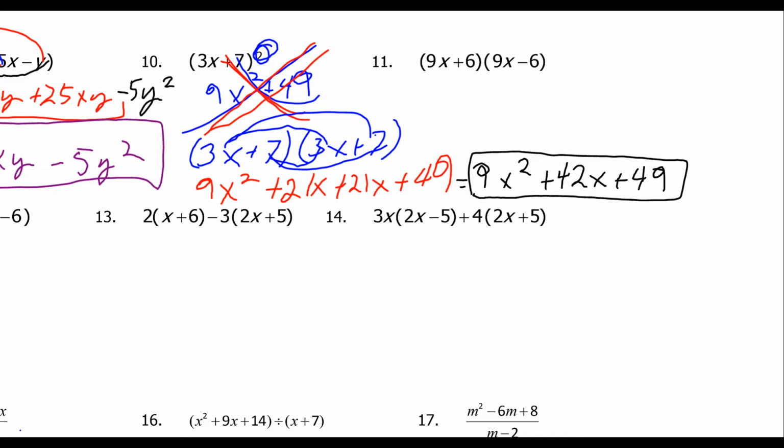Now, number 11. We got 9x times 9x, and that's 81x squared. 9x times 6 is going to be 54x, minus 54x. And then we got plus 54x.